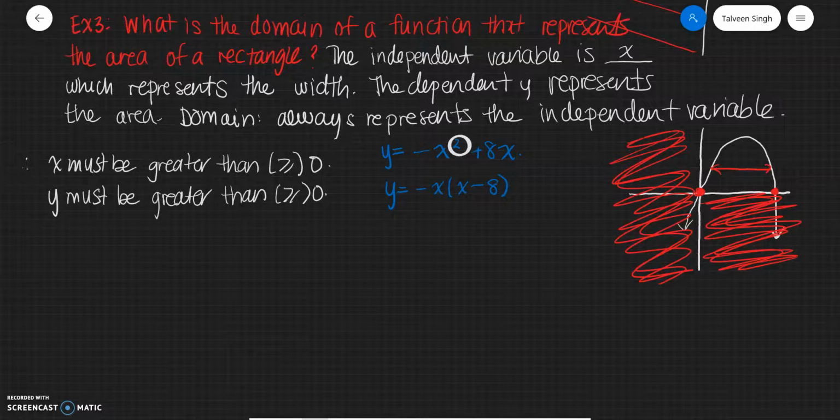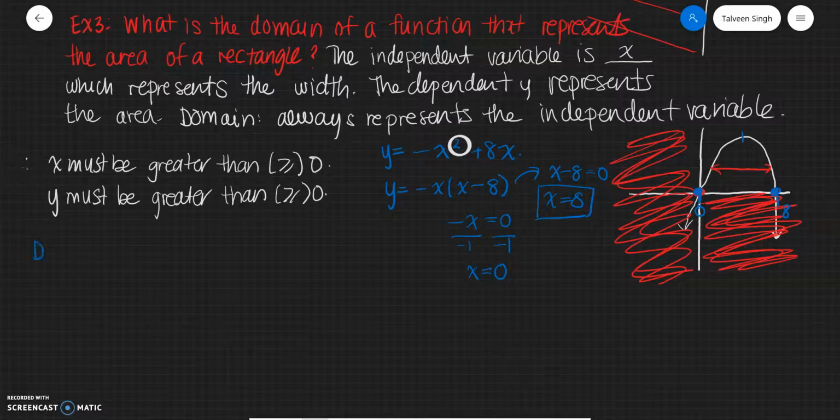Now I know that my root here is going to be 0, because when negative x equals 0, divided by negative 1, x is equal to 0. And then if I want this function to equal 0, my second bracket needs to also equal 0. So x minus 8 equals 0, x equals 8. That means my next root is going to be 8. So that basically means the only x values that can exist in this function have to fall between 0 and positive 8.